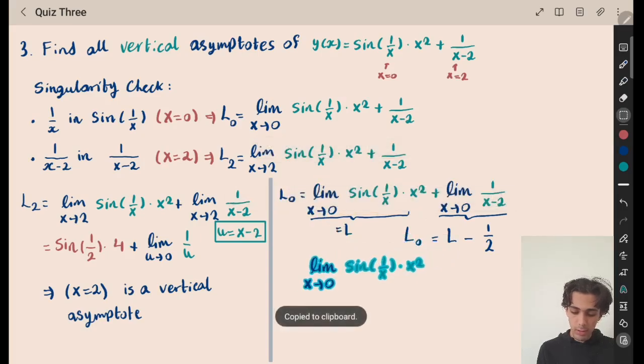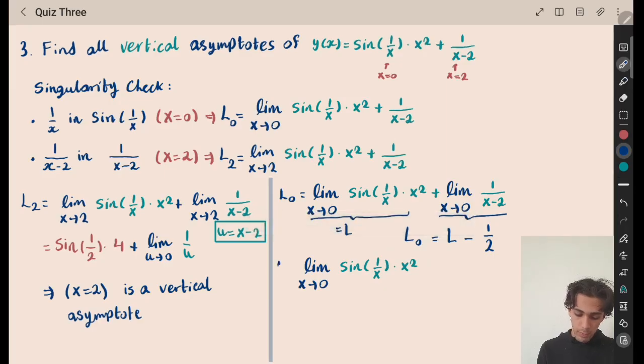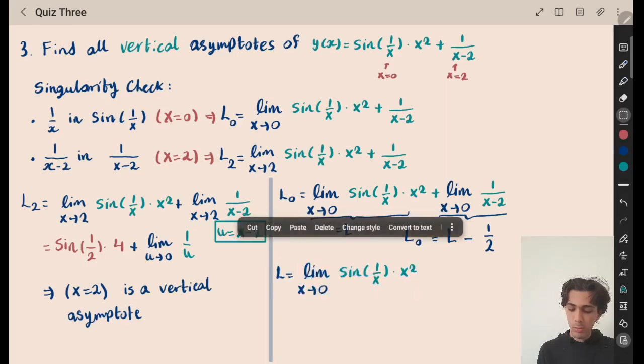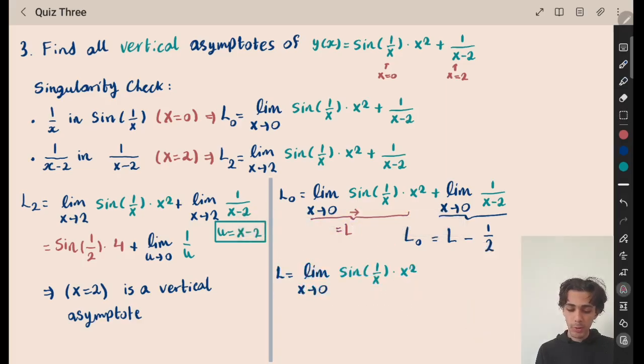So this is L. And for some reason this seems to be similar to many things we've done before. I don't know if you see this as well. Usually we had sine of something, and we had x, and then we had a limit that goes to 0. This is usually very interesting for us, and we can link it in fact with the following.